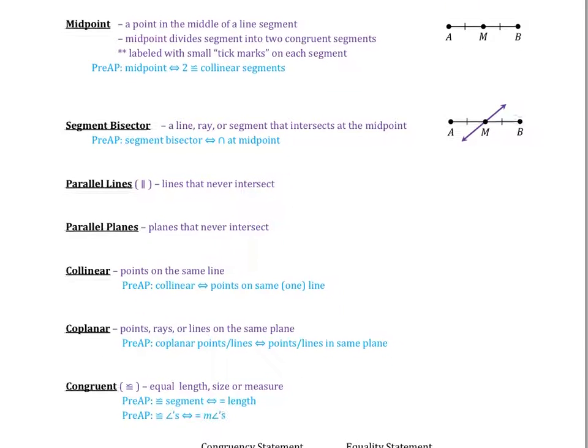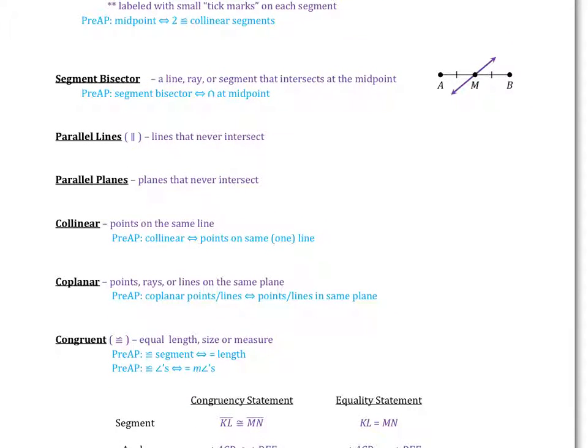Next we have parallel lines. Parallel lines are denoted with 2 parallel lines. These are lines that never intersect. Since they're lines, we're going to put the arrows on them.